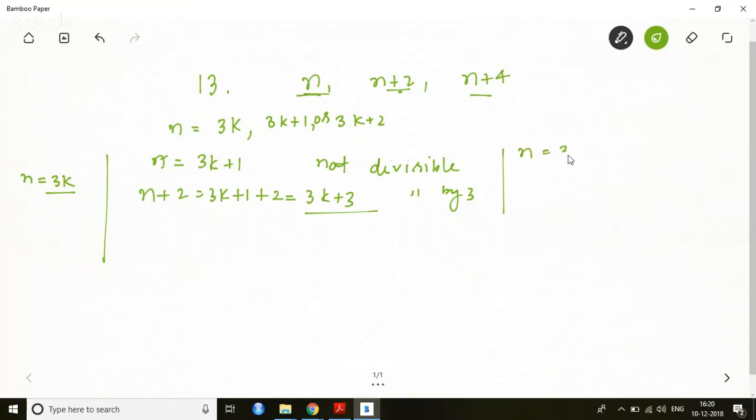Now, if n is 3k plus 2, so n plus 2 is 3k plus 4, and n plus 4 is 3k plus 6. Now this is not divisible by 3, this is not divisible by 3, this is divisible by 3. So in all three cases, I have proved that one number is divisible by 3.